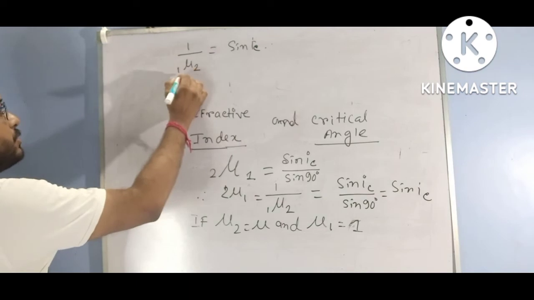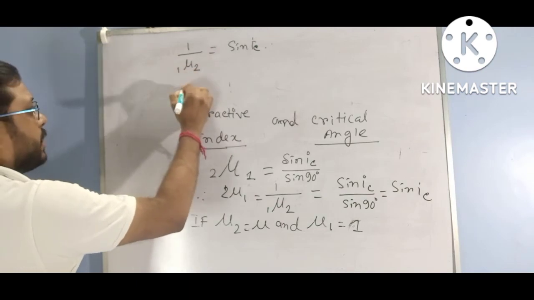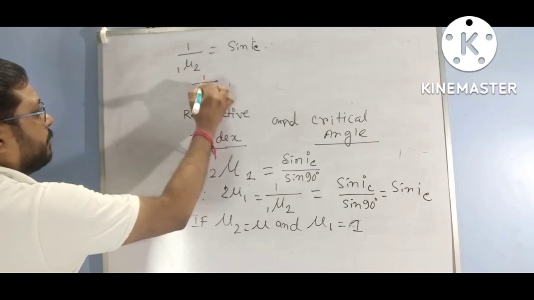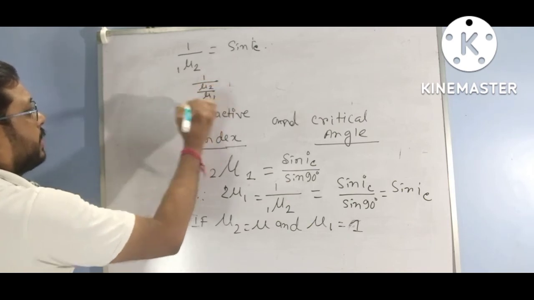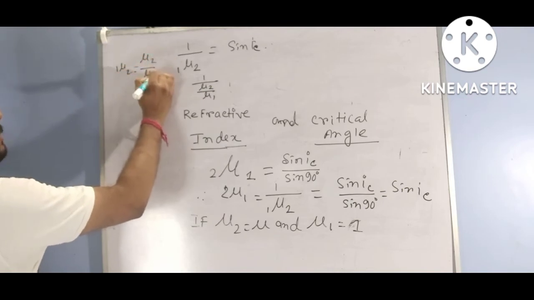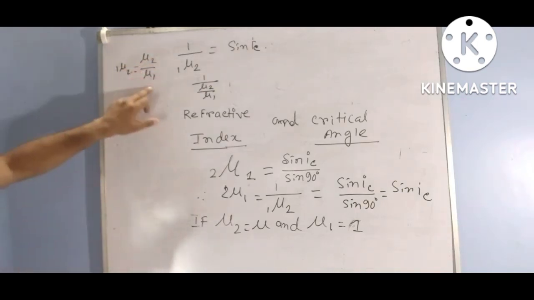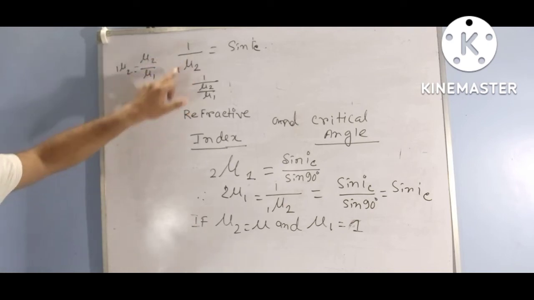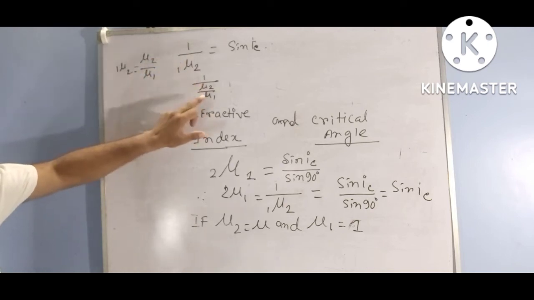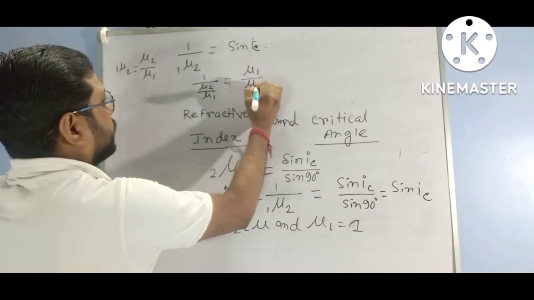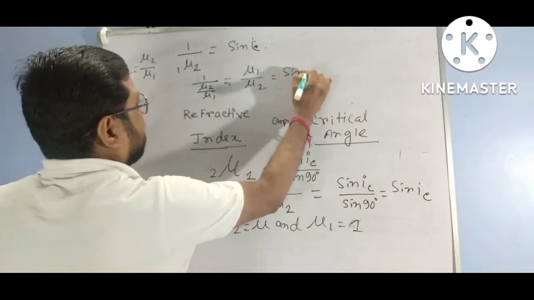So 1 mu 2 is written as mu 2 by mu 1. This is a relation between absolute refractive index and relative refractive index. So 1 by 1 mu 2 equal to 1 by mu 2 by mu 1, or it is written as mu 1 by mu 2 equal to sine IC.